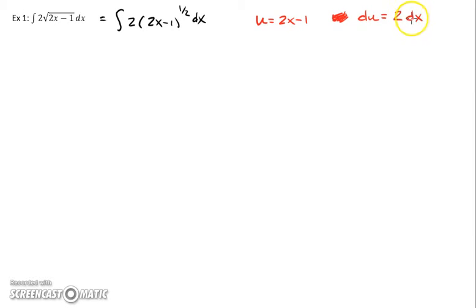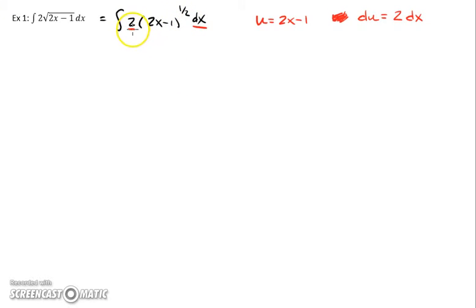It's kind of like implicit differentiation, but you'll see why we do this. The derivative of u is 2 dx, right? The derivative of 2x is 2, and then we stick that dx on there. The reason we're doing that is we have a 2 dx in our problem.